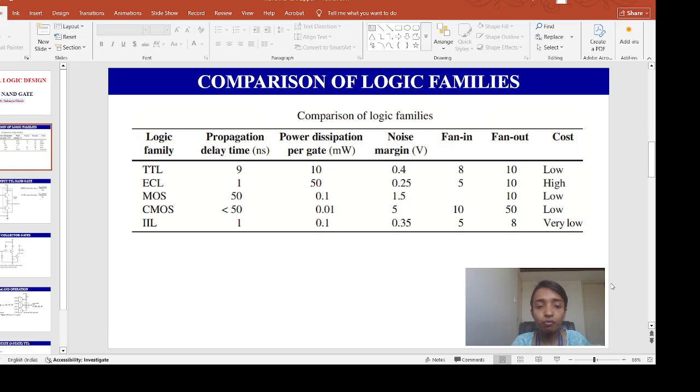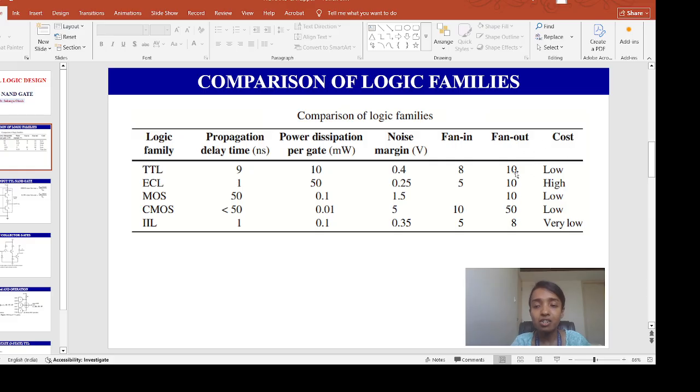So if we compare the different kinds of logic families, we can see here we have compared TTL, ECL, MOS, CMOS and I square L. You can see all these terms: propagation time, delay time, power dissipation per gate, noise margin, fan in, fan out.